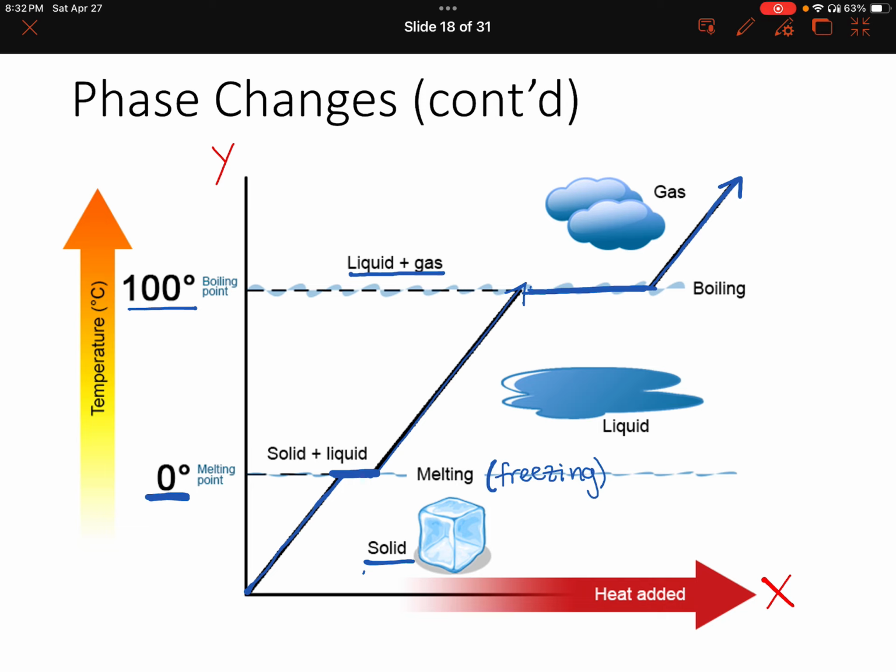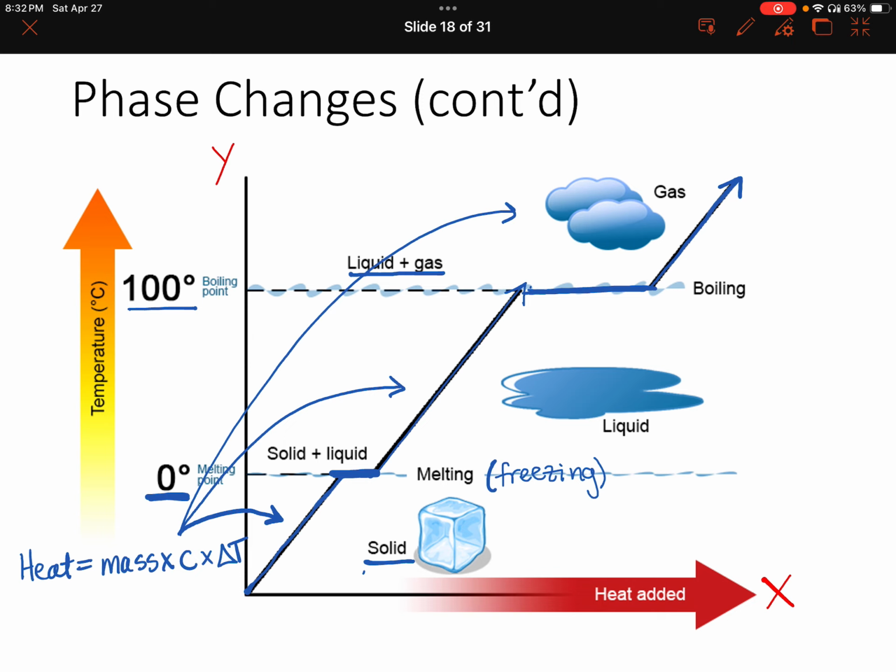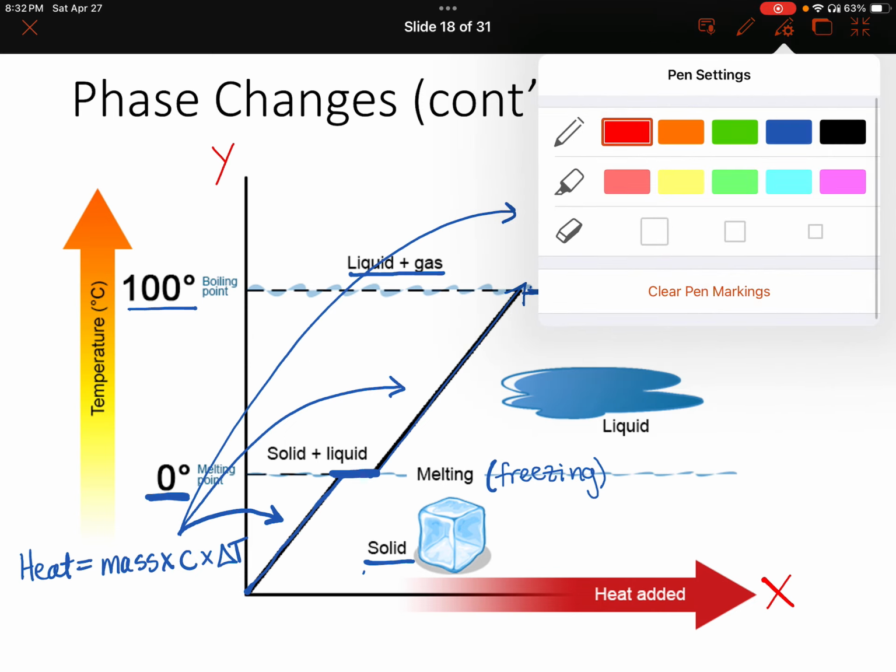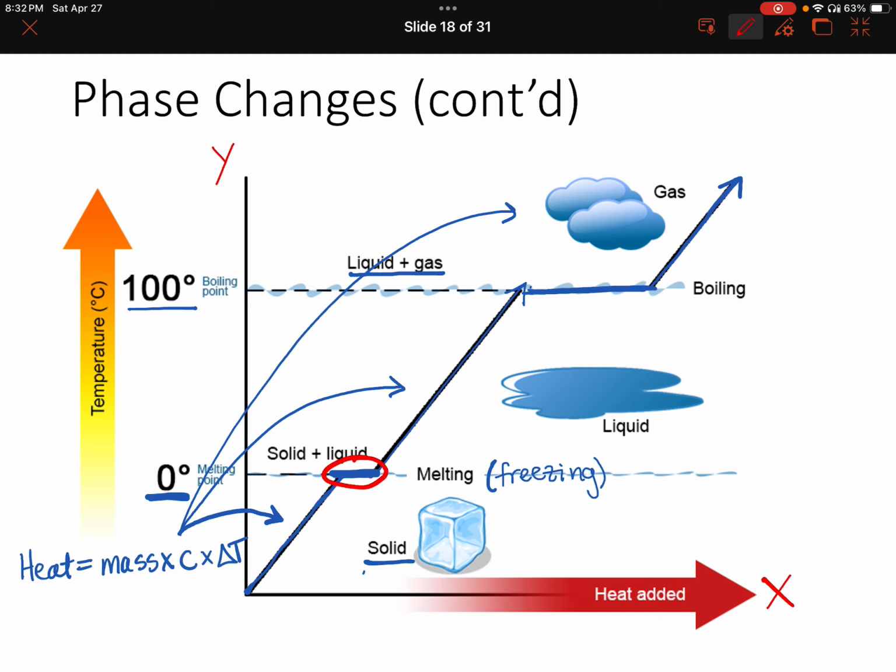Now, the equation that we saw earlier said that heat is equal to mass times the specific heat of the object times a change in temperature. So we can apply this change in temperature equation here to the parts of the phase diagram where temperature is actually changing, but we can't apply that to the melting point or the boiling point.